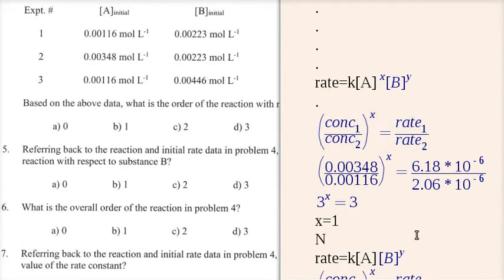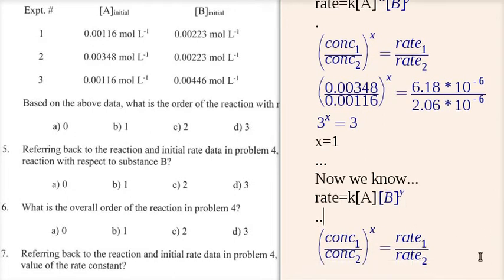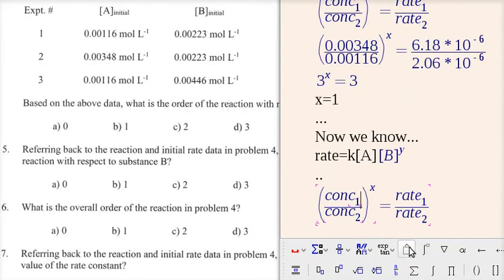So we're going to use experiment 3 and 4 because 1 and 2 is constant. You mean 1 and 3? 1 and 3, yeah. Sorry. Yep. So experiment 1, experiment 3. And for B, looks like 3 is the bigger one.